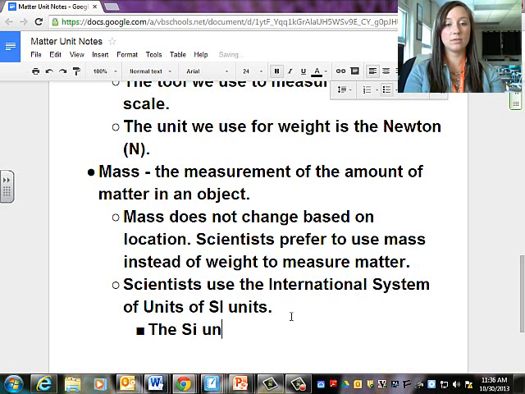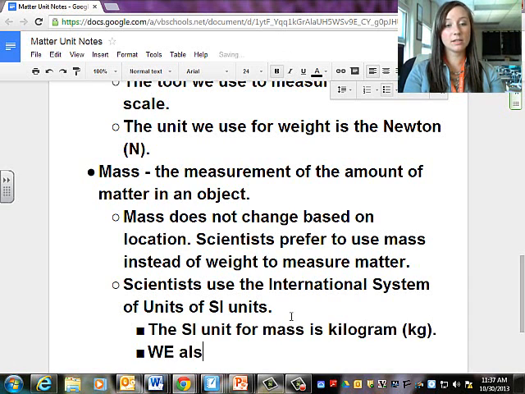The SI unit for mass is kilogram, and the abbreviation for kilogram is kg. We also use gram, which is g.